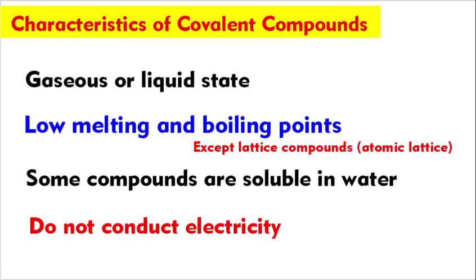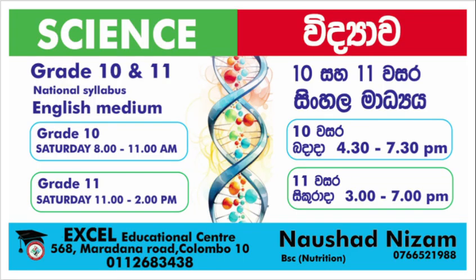And then what we have done in this whole chapter on chemical bonds: we covered the types of bonds, ionic bonds and covalent bonds, and then we learned to draw the ionic structures and covalent compounds, Lewis structures, dot and cross diagrams. We learned how to draw them, and then the characteristics of ionic and covalent compounds.